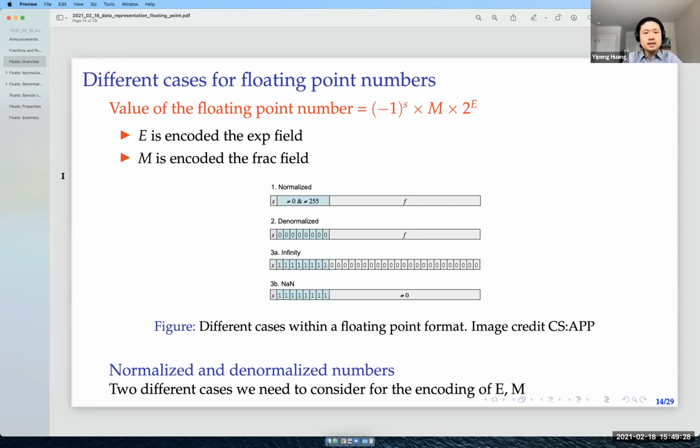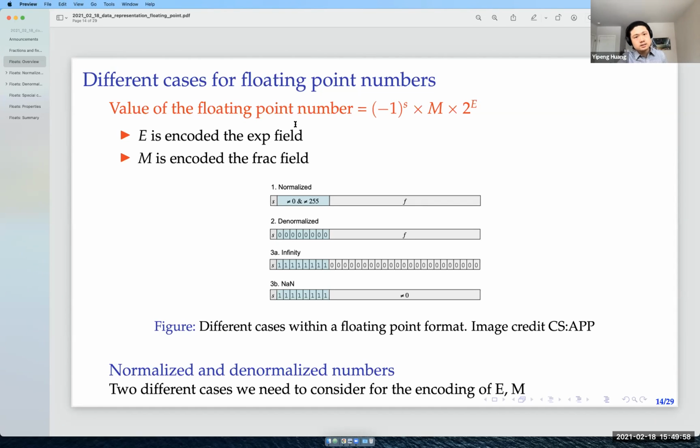In both cases, essentially what we're doing is trying to find a mapping for how to interpret the EXP field and also the frac field. All right, so these fields encode the information, but it's not exactly one-to-one. There's a little bit of a tricky mapping to get the most use out of it.